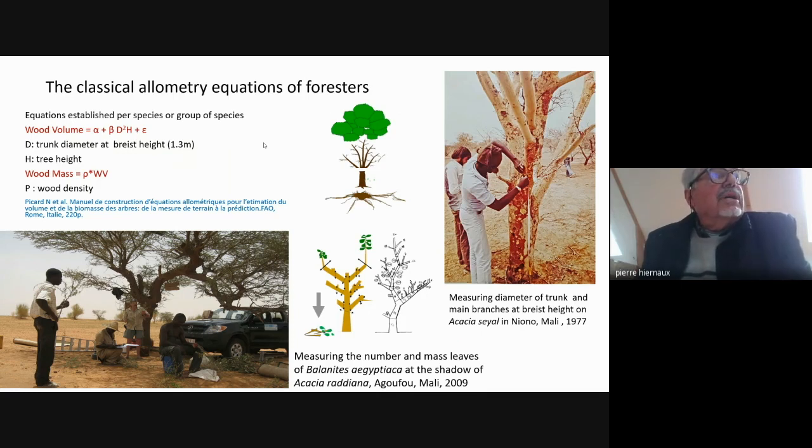That's the equation you have in red at the top. Then to assess wood mass, you just multiply the volume by the wood density. It was not common in the area to assess the mass of the wood branches plus the wood trunks, and even less common for the leaves and for the roots.